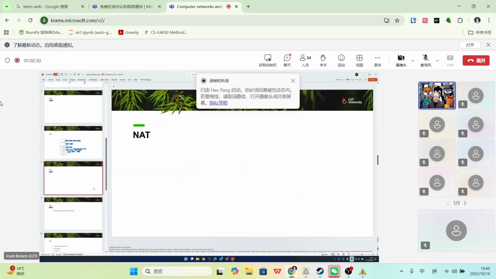So how about network address translation? It is used to translate the private IP address to the public address to access the network. Yeah. So IPv4 addresses have pretty much run out, and there was a problem.